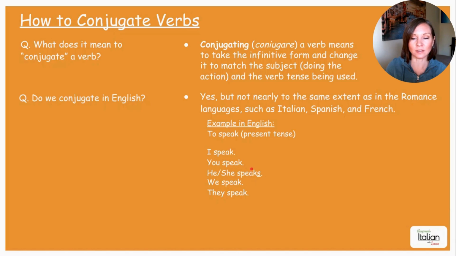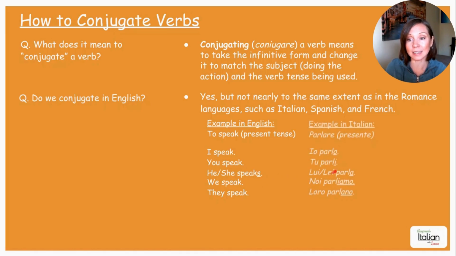So we don't conjugate as much as we do in the Romance languages. For the same word, you would use parlare in the present tense: io parlo, tu parli, lui, lei parla, noi parliamo, and loro parlano.